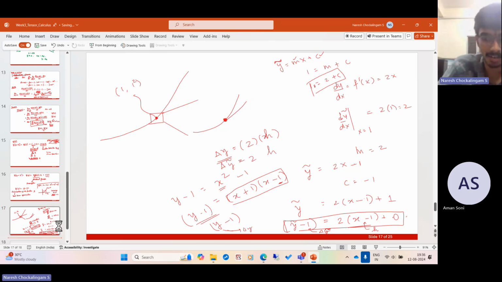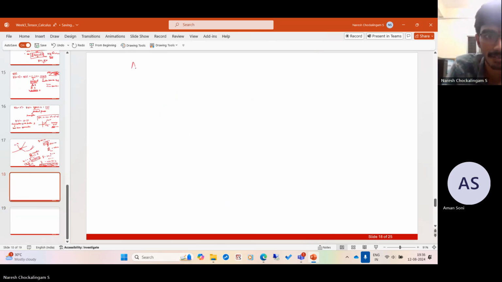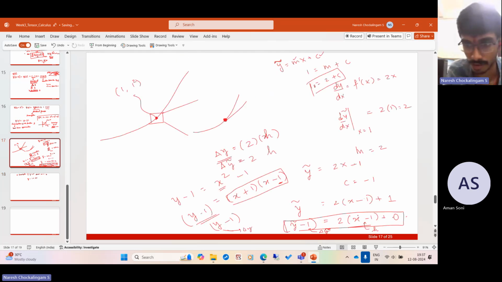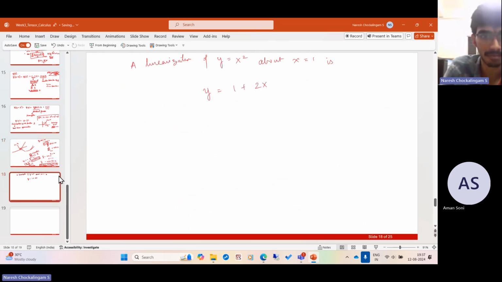Therefore, a linearization of y equal to x square above the point x equal to 1 is what? It is y is equal to 1 plus 2 into x minus 1.